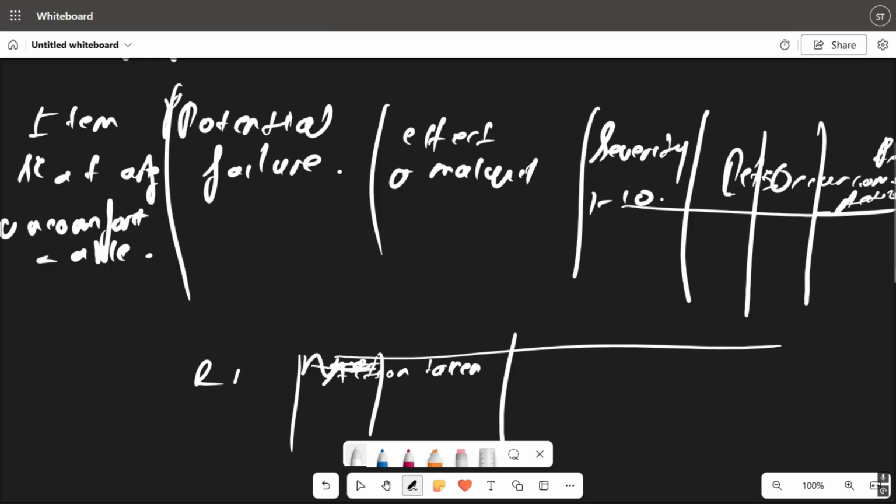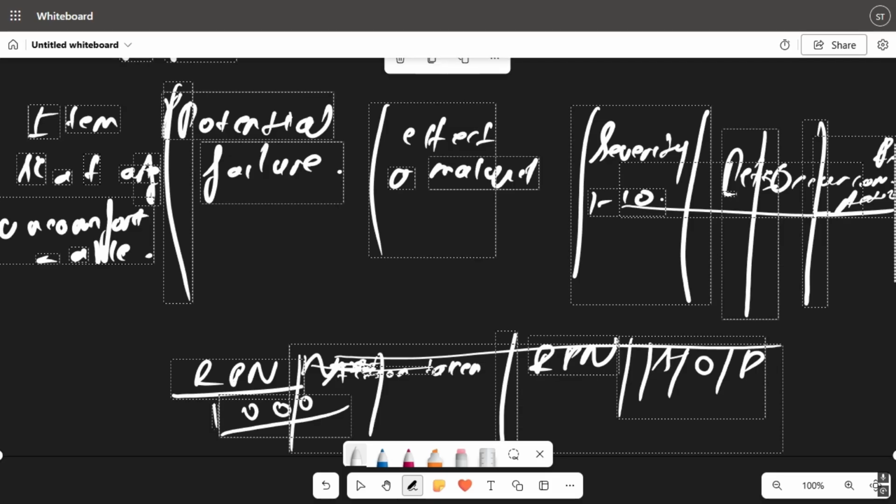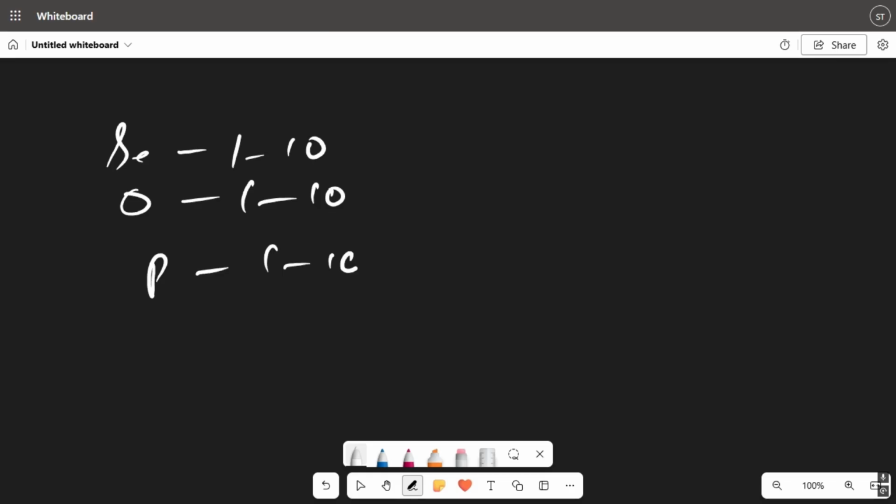Before which we can write our RPN number, and we can write our after RPN number, which will include the revised severity, occurrence and detection data. The maximum value an RPN can take is 1000. That is because severity can take a value from 1 to 10, occurrence can take a value from 1 to 10, and detection can take a value from 1 to 10. So your total RPN is 10 into 10 into 10.